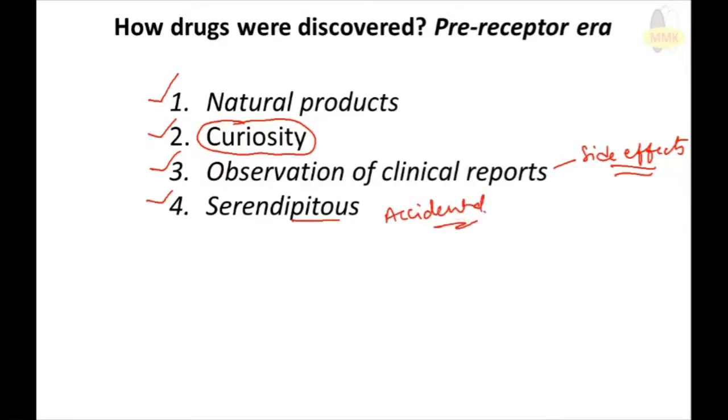There are so many examples where drugs were discovered accidentally. In today's presentation, you will see examples from all these, and from this history, we will derive the points on how our latest drug discovery or drug design methodologies evolved.